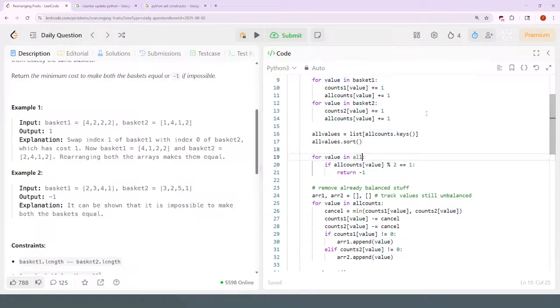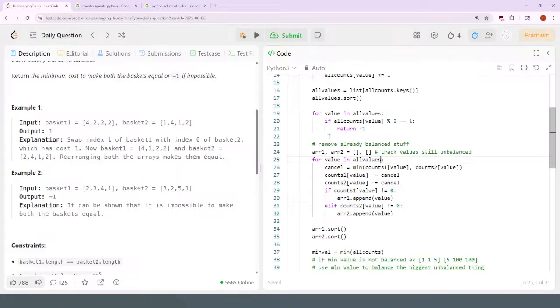And then I can just go through all values more explicitly. At that point, I'm not sure if I need to even sort the array 1 and array 2 separately if I have all the values sorted here. It's probably still somewhat helpful.